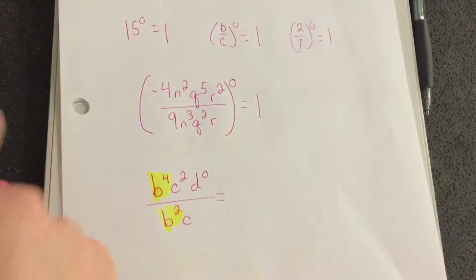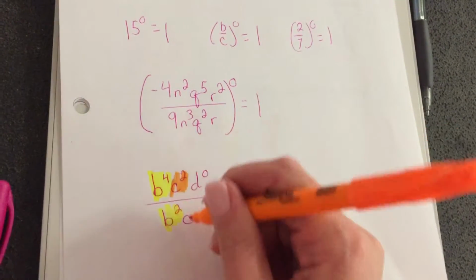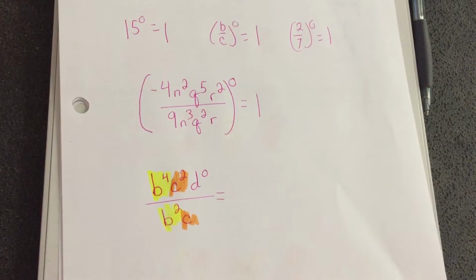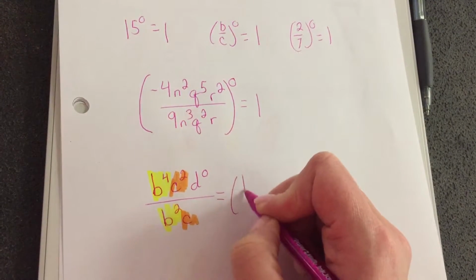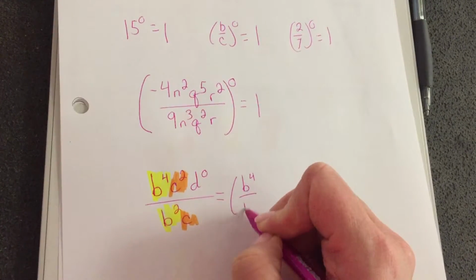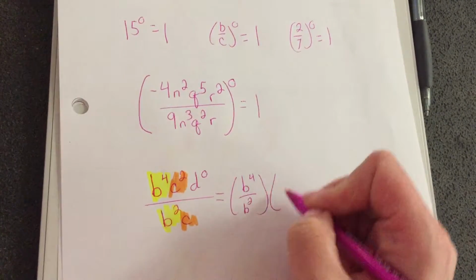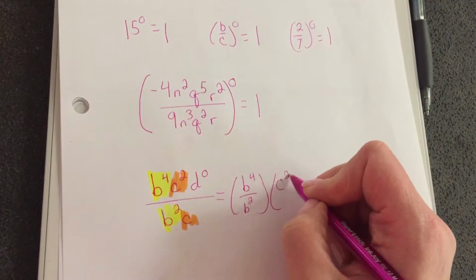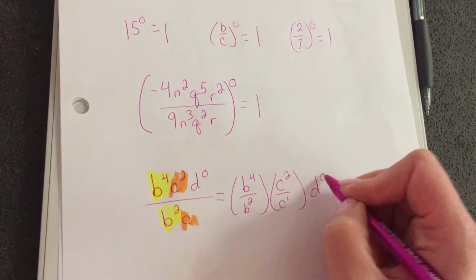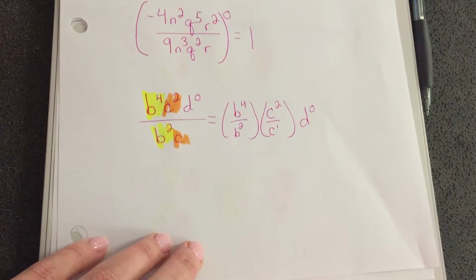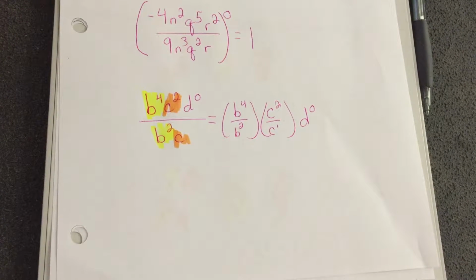So what we have here is B 4 over B squared, C squared over C to the 1st power, and D to the 0. All right? So what I'm going to do now is I'm just going to subtract the numerator exponent minus the denominator exponent.